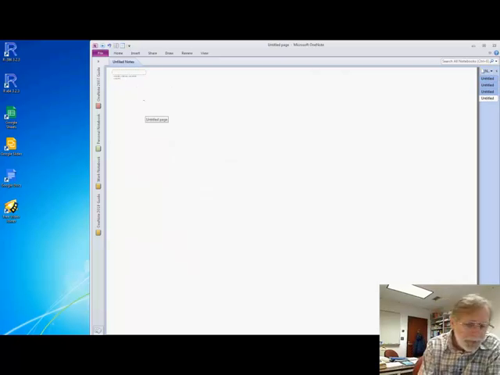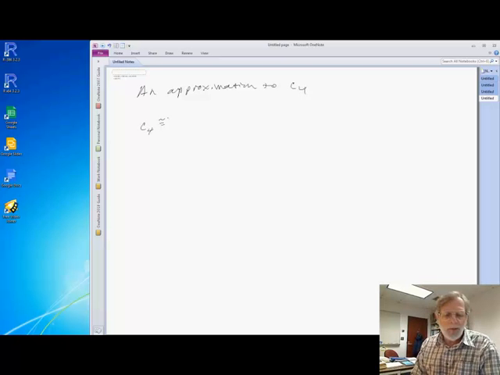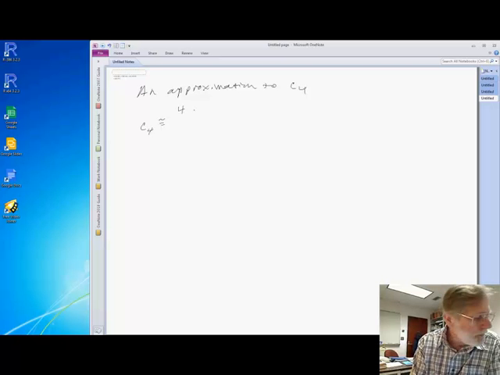I know. Let's use an approximation. I'll put a little wiggly sign on the top of this equality because it's not really that, but it's pretty close. It's C4 approximately equals (4n minus 4) over (4n minus 3).